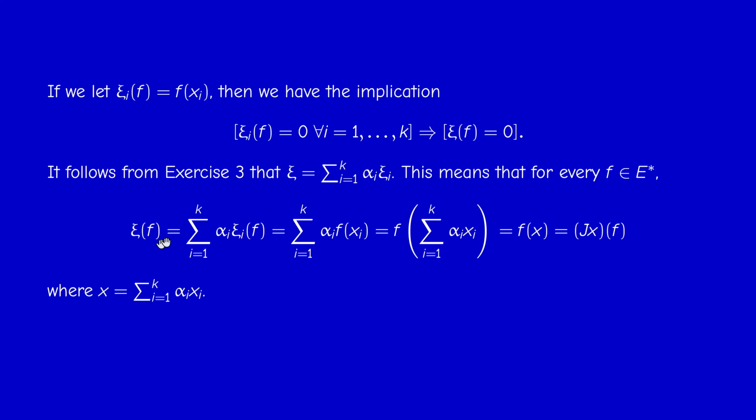So we proved that Xi of f is equal to J x of f. This is true for every f in the dual of E, and therefore Xi is equal to J x. So Xi is in the image of J.